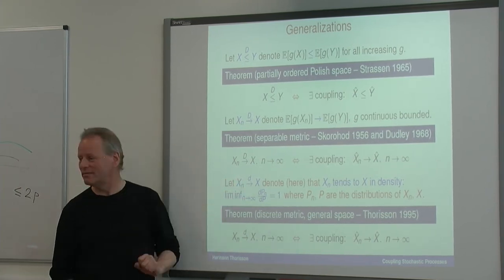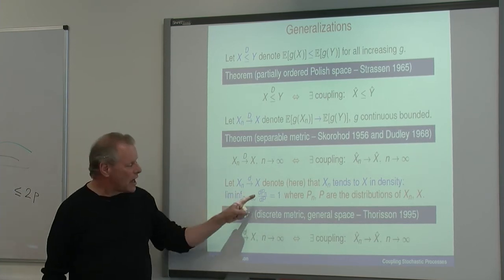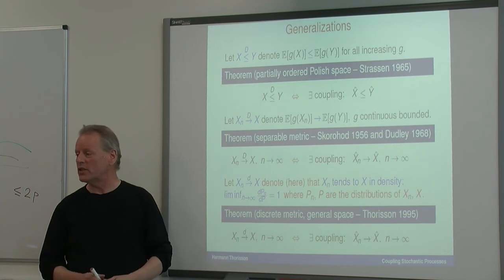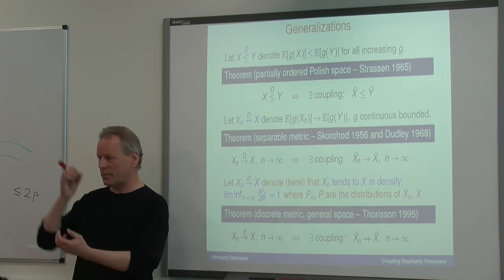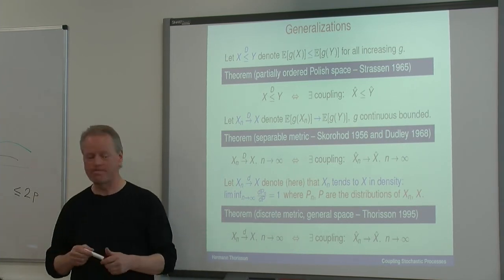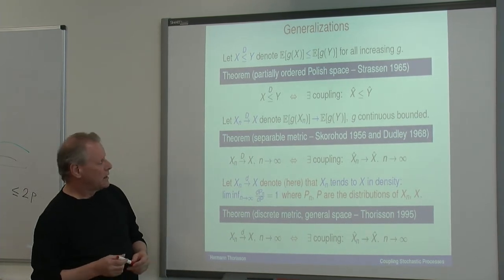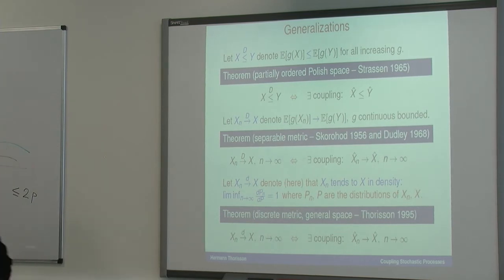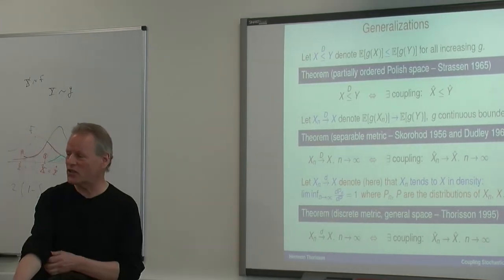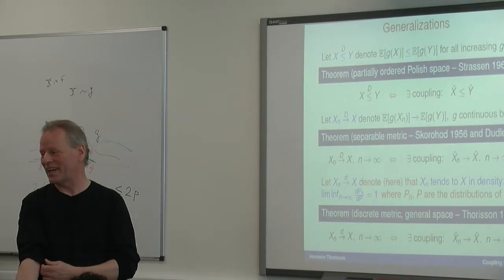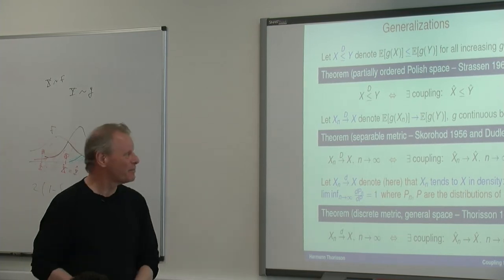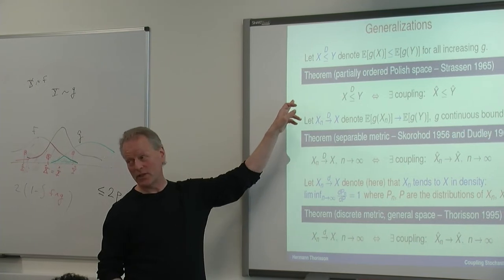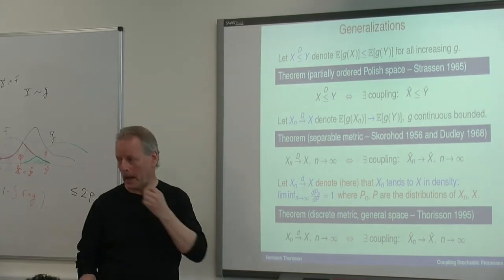This means that these sub-probability densities increase to 1, which is the density of P with respect to P. And then this is true. And the proof is exactly the same, basically, as for the line. It's, in this case, much harder proof, and in this case, even much harder proof. But here, the same.